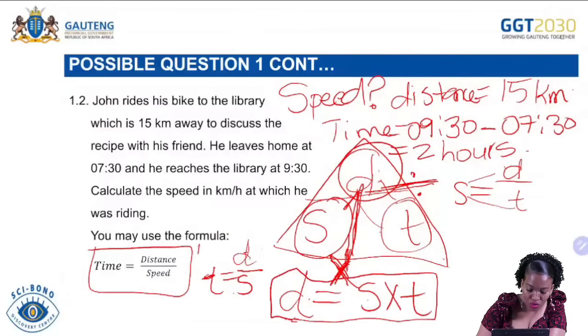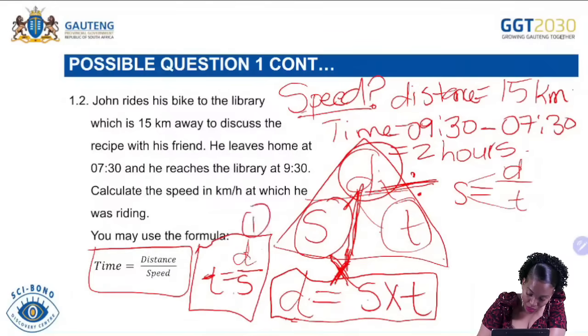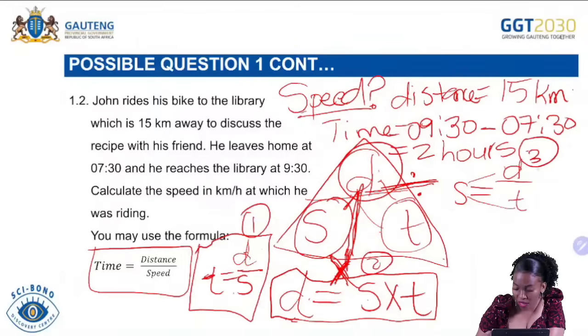You know how to use the triangle, because you will be required to use this information on Monday as you write your paper 2. Now going back to our question, we must calculate speed, meaning out of all the three formulas, 1, 2, and 3, the relevant formula to use is formula number 3, because we are looking for speed.